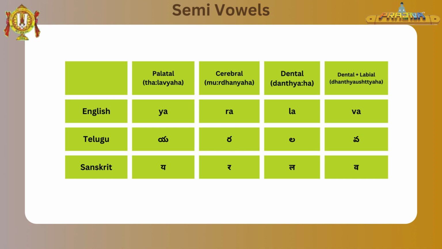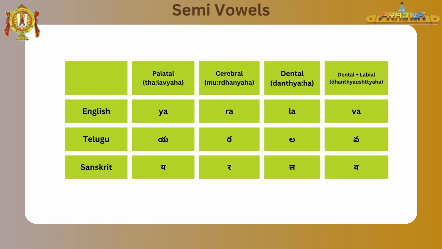Next we have semi-vowels. They are based on transition sounds. The first letter is pronounced when the tongue touches the palate: Ya. The next is a hard sound produced when the tongue arches and touches the roof of the mouth: Ra.